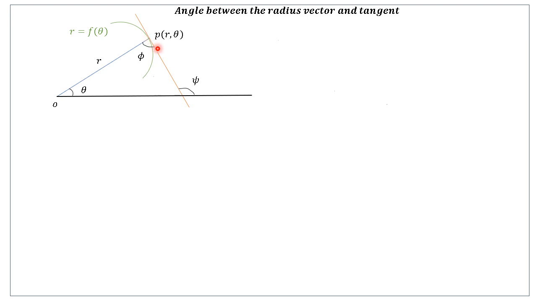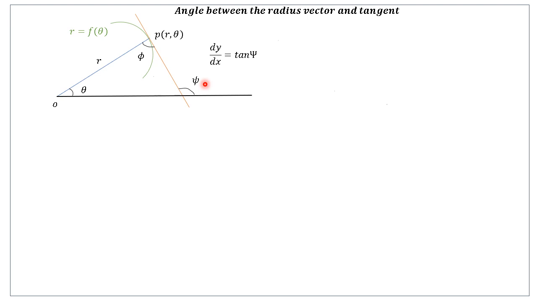From the basics of differentiation, the slope of the tangent, given by dy by dx, is equal to tan psi.